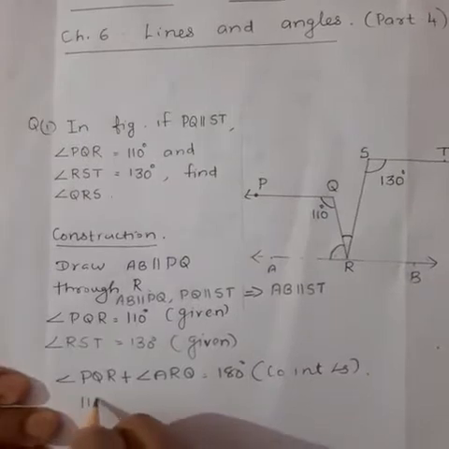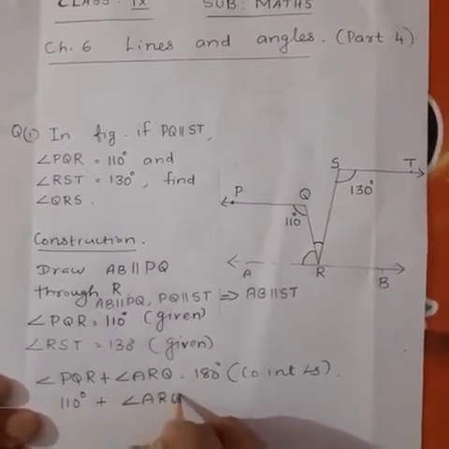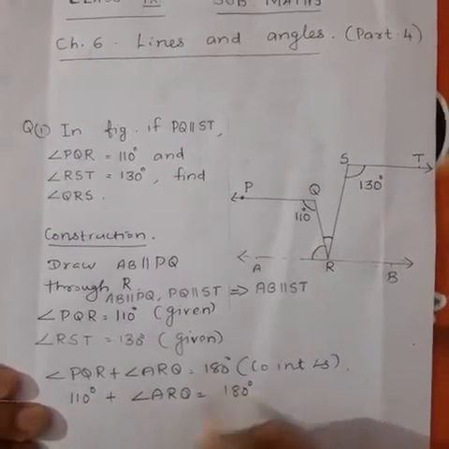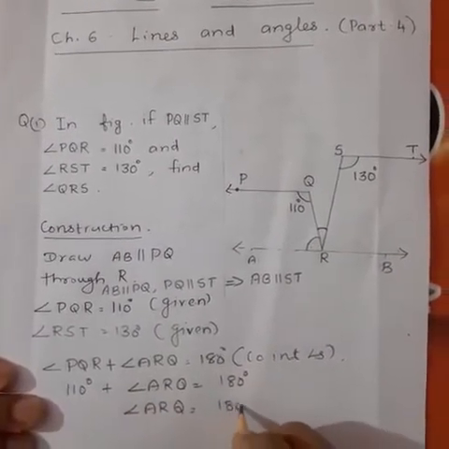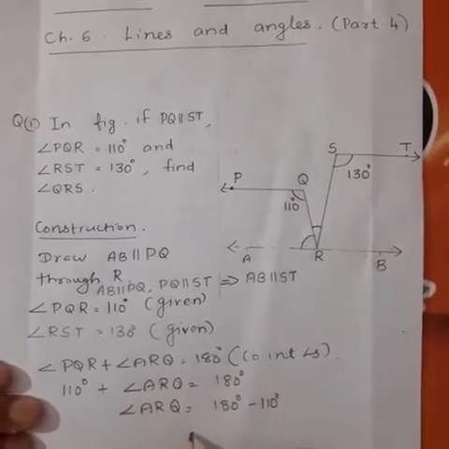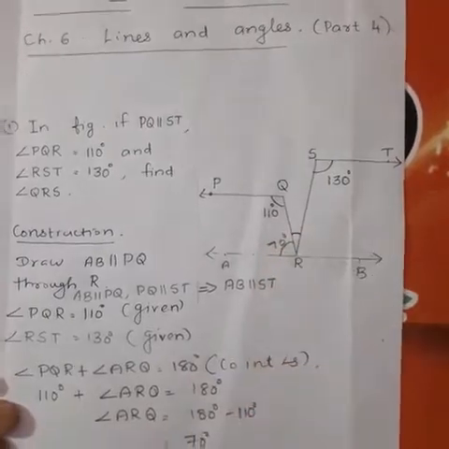So put the values here, 110 degrees plus angle ARQ is equal to 180 degrees. So angle ARQ is equal to 180 minus 110, that is equal to 70 degrees. Now you got 70 degrees here.